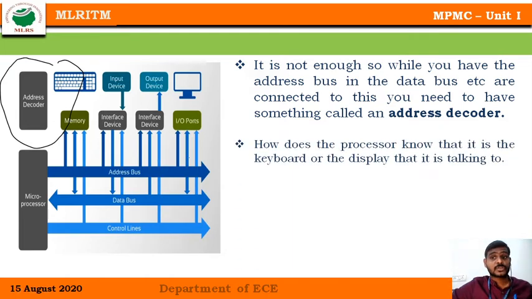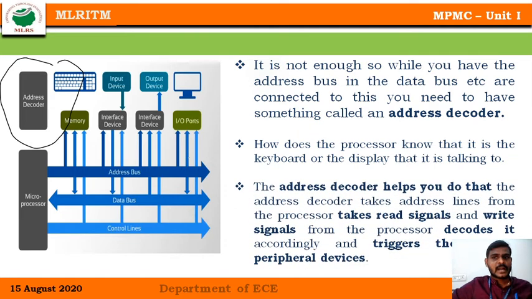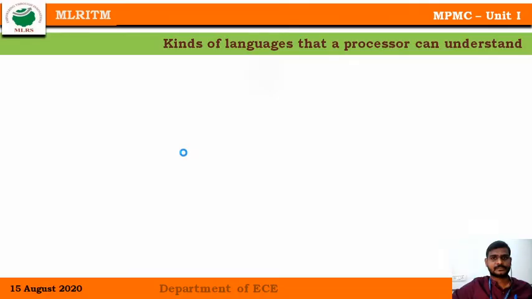How does the processor know that a keyboard or display is being talked to? The address decoder helps do that. It takes the address lines, read signals and write signals from the processor, decodes them accordingly, and triggers the various peripheral devices. This is the main function of the address decoder.